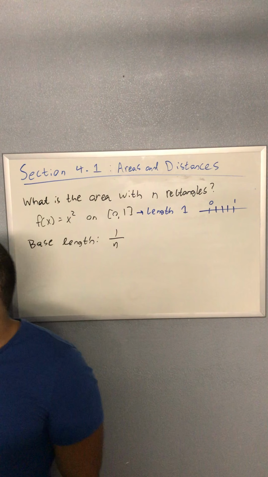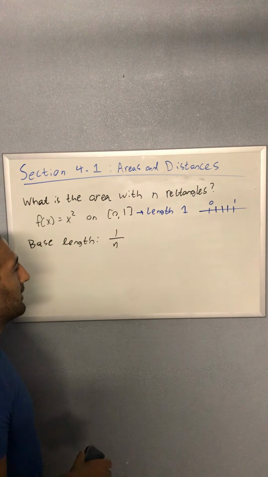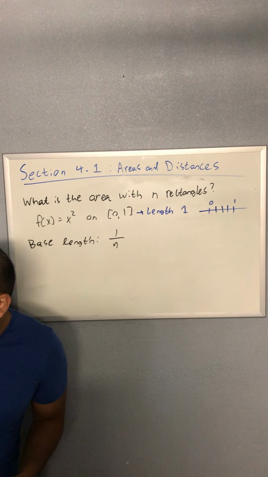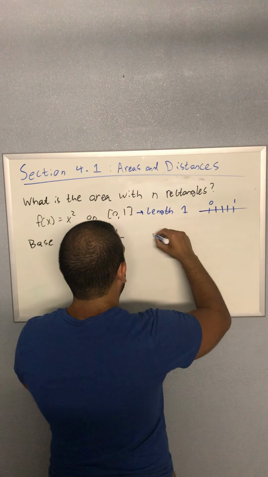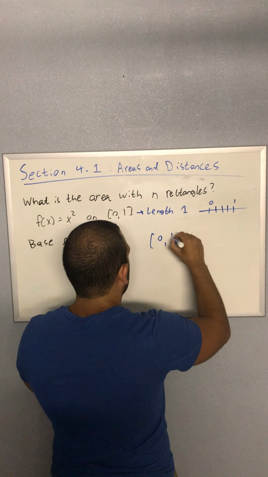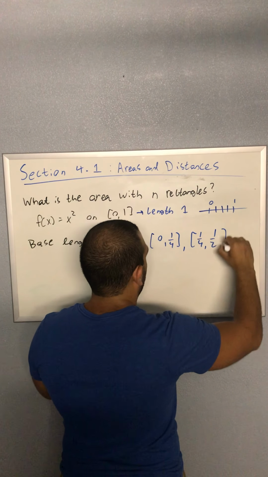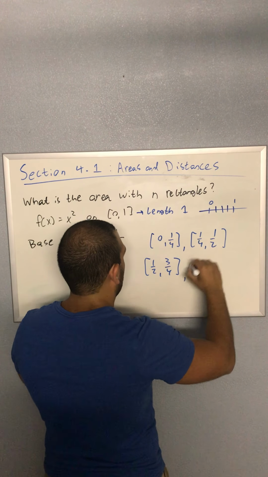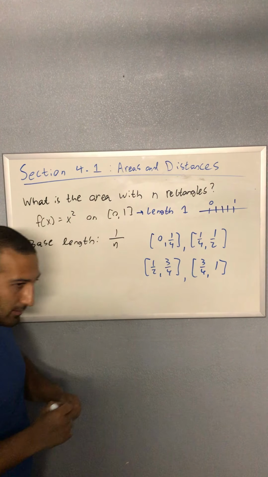Then the next thing is we need to figure out what the points are, like the intervals. Last time when we did 4 points, if we recall, we had the intervals 0 to 1/4, 1/4 to 1/2, and so on.